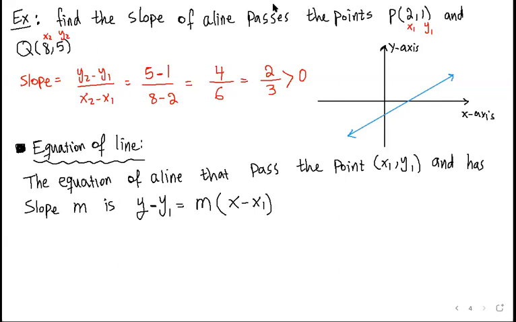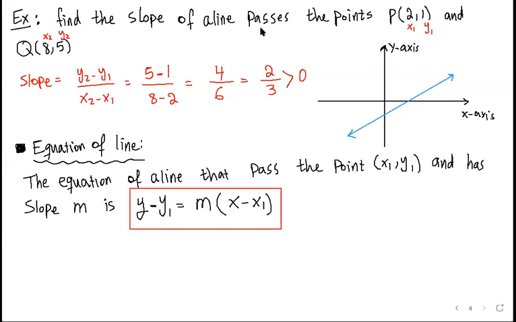So this is the formula for any line. We just have to get a point that the line passes through, and we have to get the slope to find the equation of a line.